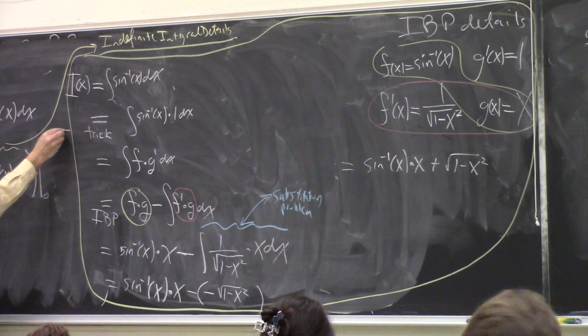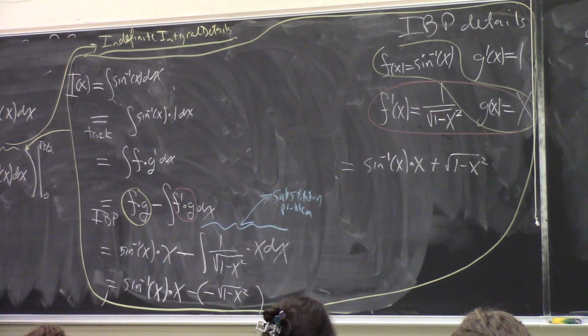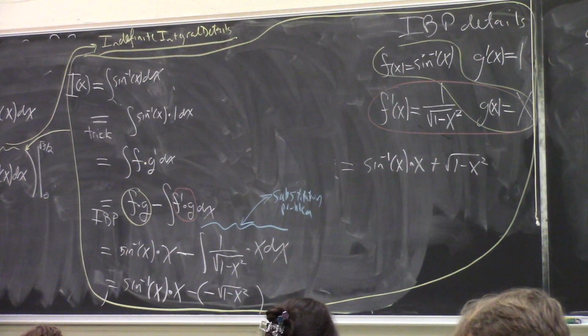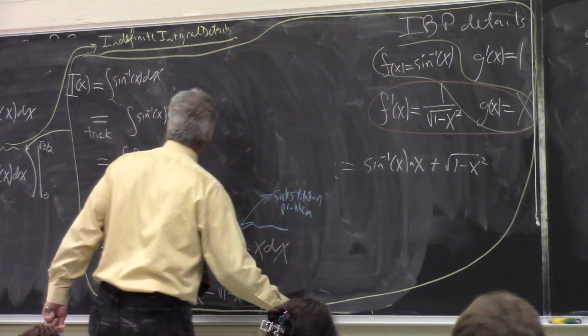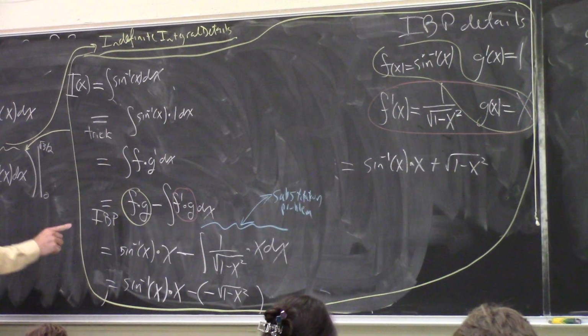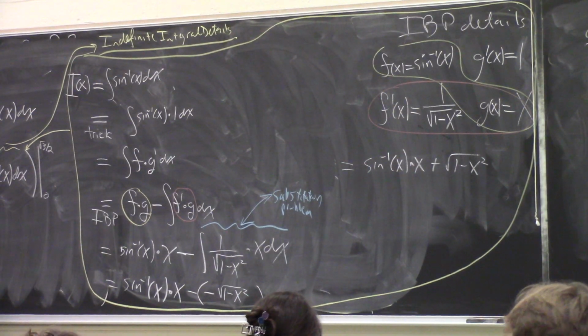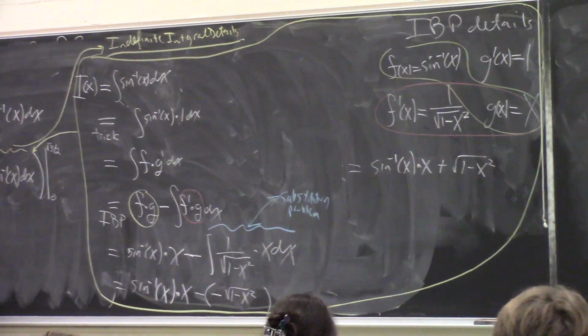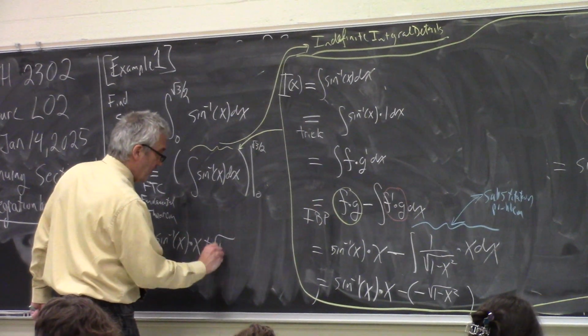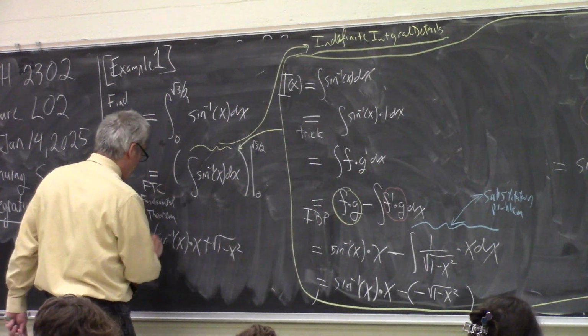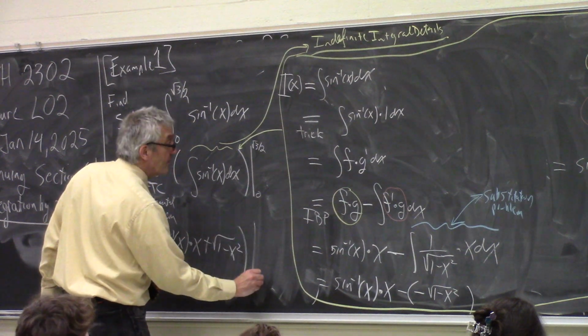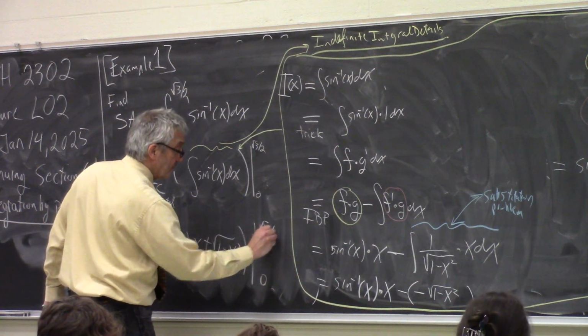So I'm going to put that back in here. So what I have to do is take that function, sine inverse of x times x plus square root of 1 minus x squared, and evaluate that from 0 to square root of 3 over 2.